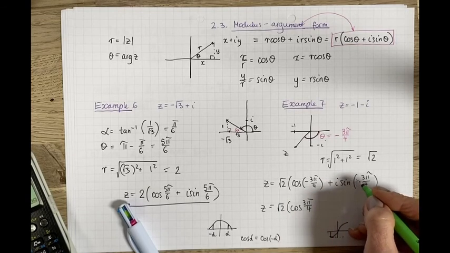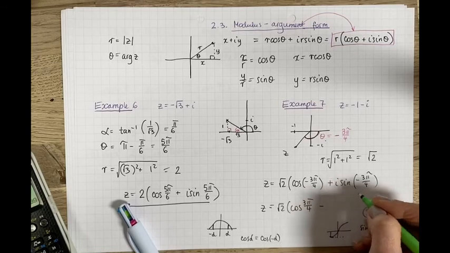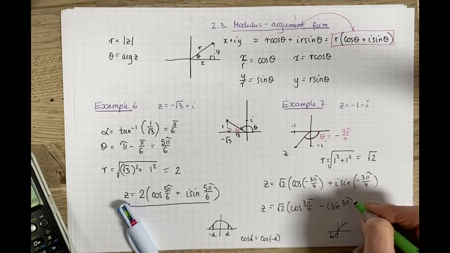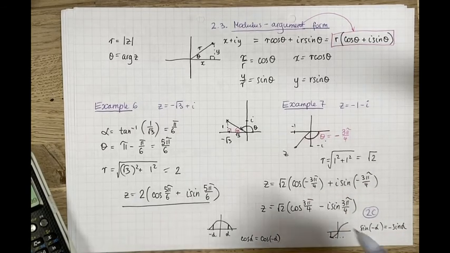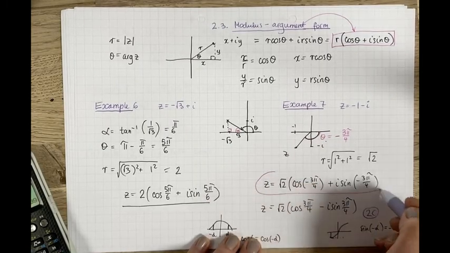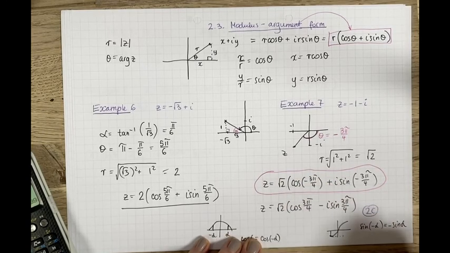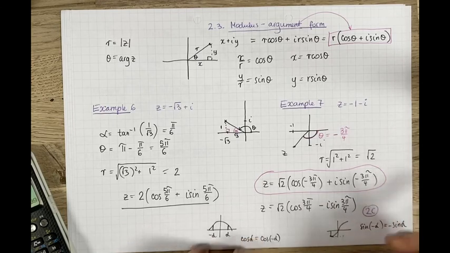So you could actually replace it with minus sine 3 pi over 4. This is quite common to give your complex number like this, but if the question asks you to give it in modulus argument form, then this is what needs to be given, the one with a plus, not the one with a minus. This is just an alternative way of writing the same answer.